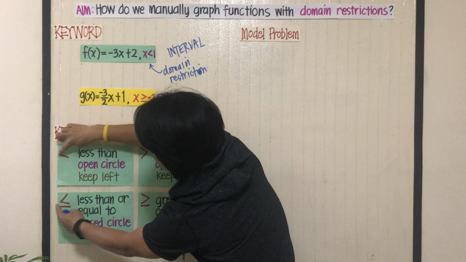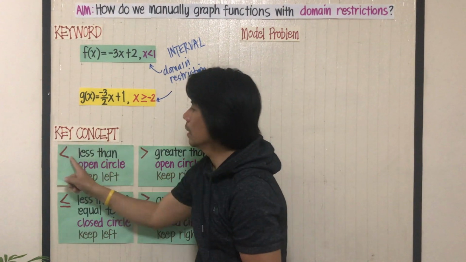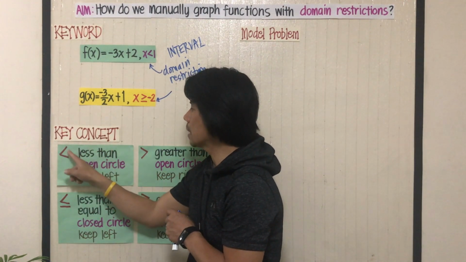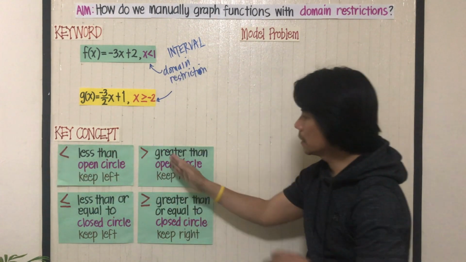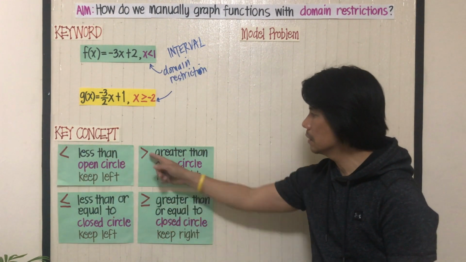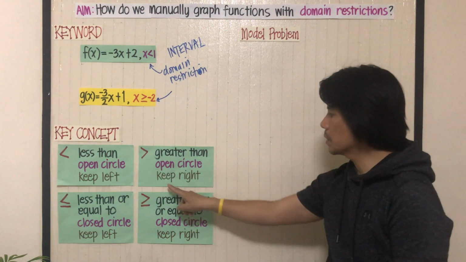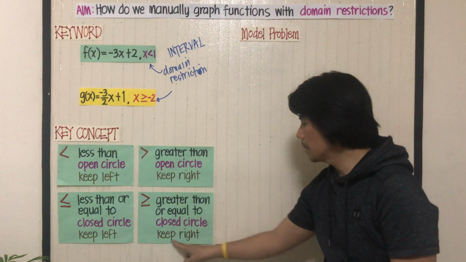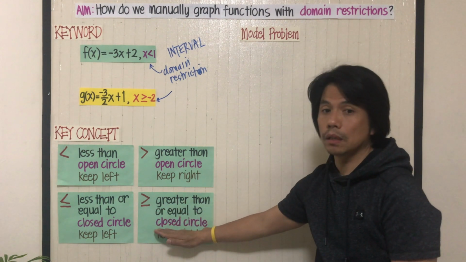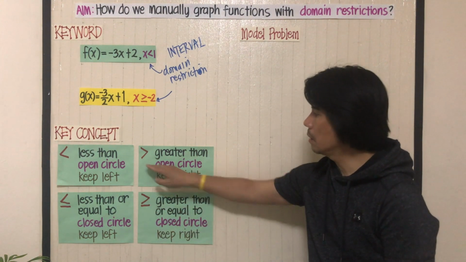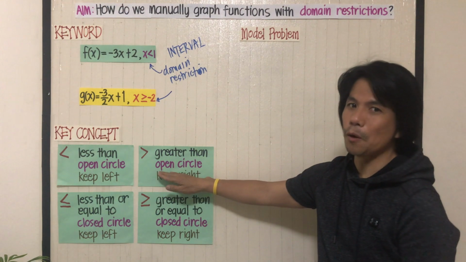Why? As you can see, the direction, if this is our arrowhead, is going to the left. With greater than or greater than or equal to, these go to the right, so you keep the right part. When you have the equal to symbol, you use the closed circle. If you don't, you use the open circle.